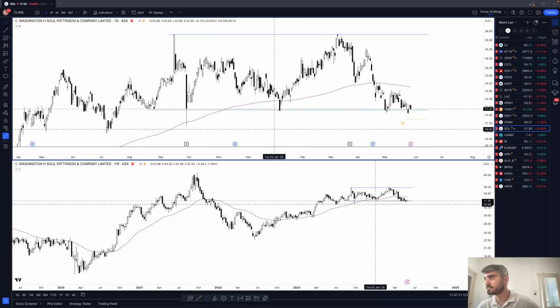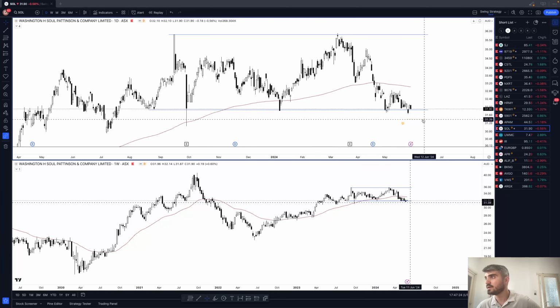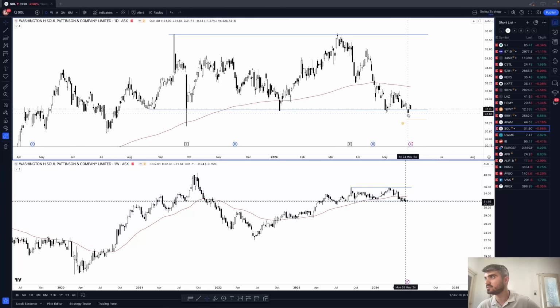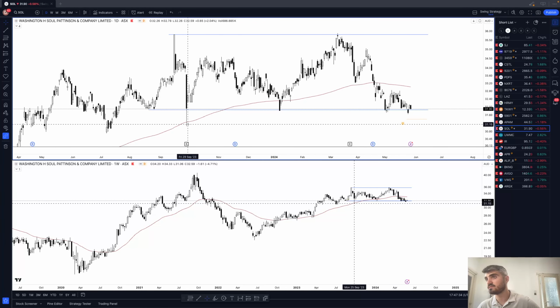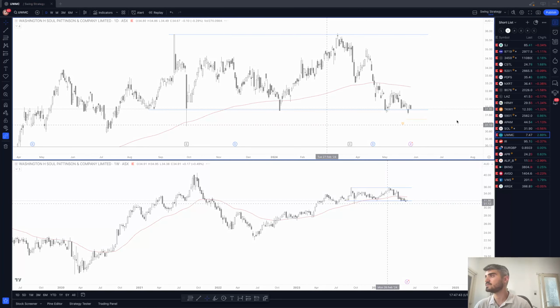Seems like a good setup. I do like the idea that the 3% entry point is beyond, below all the swing lows that we have. This specifically not, but I'm kind of ignoring it because it's earnings day. So yeah.